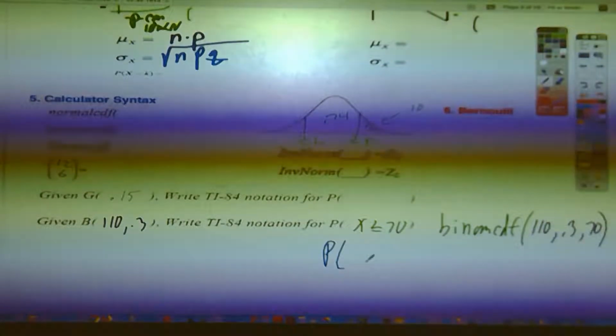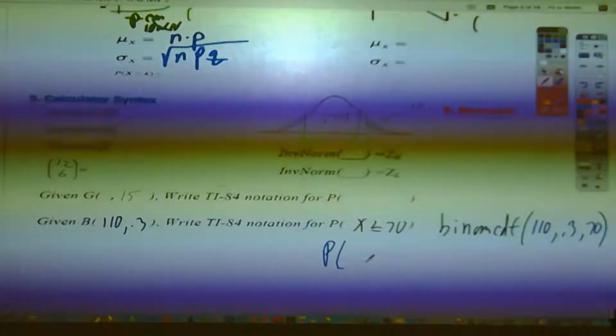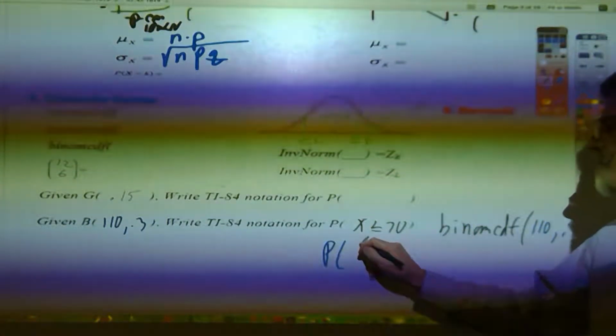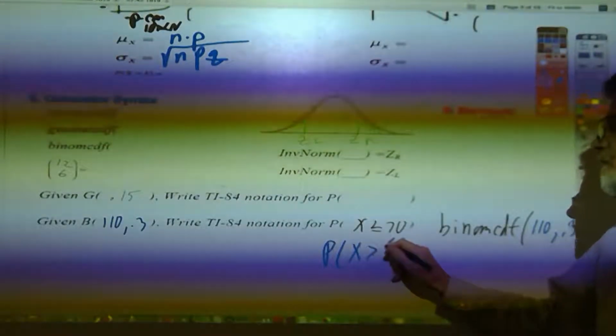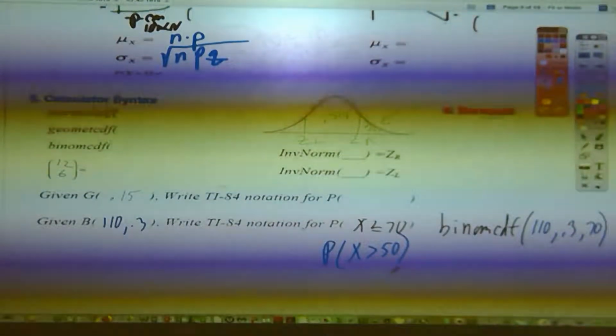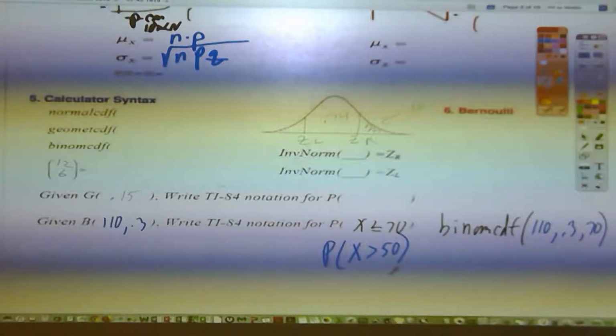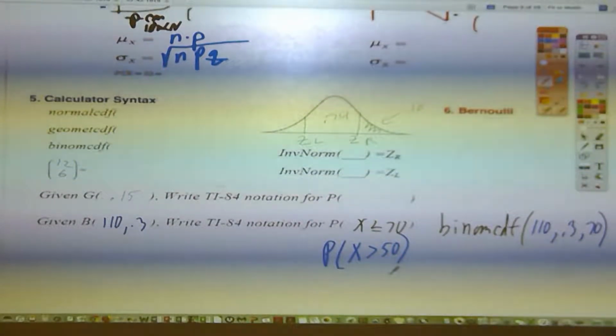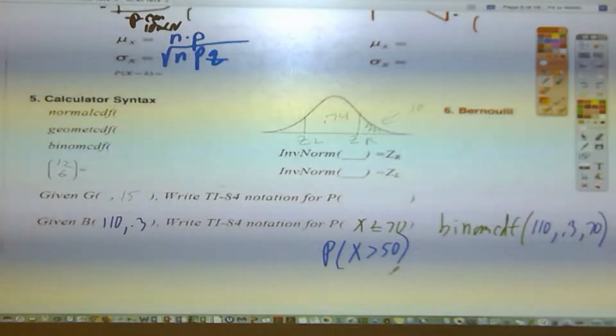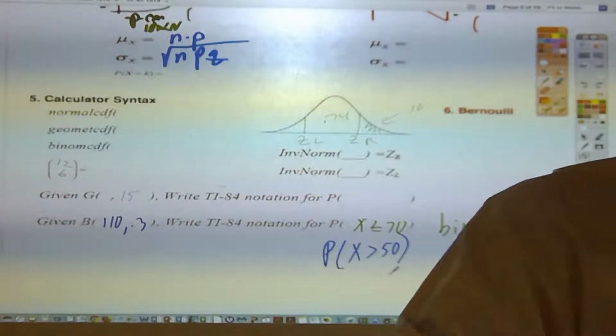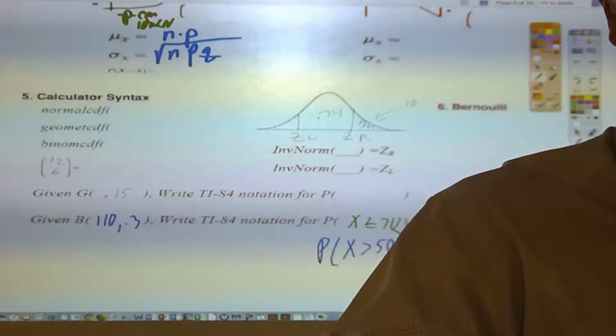Now, let's get a little extra practice on this. Would you please do a binomcdf for finding the probability that the value of the random variable is greater than 50? Try that one also. What's the probability that the value of the random variable x is greater than 50? I'm going to pause the camera and let you wrestle with that and find someone in your group who agrees.